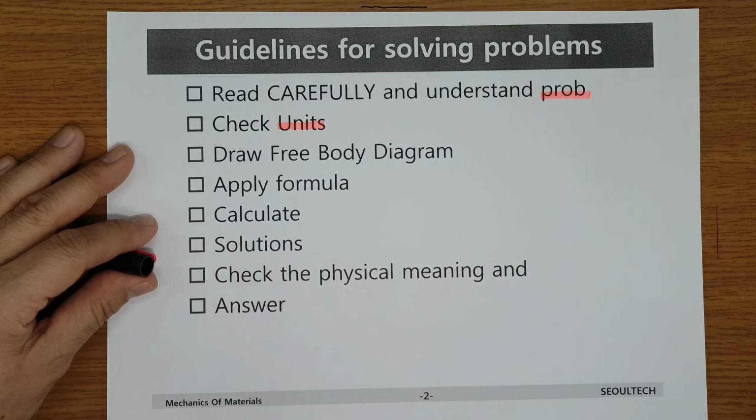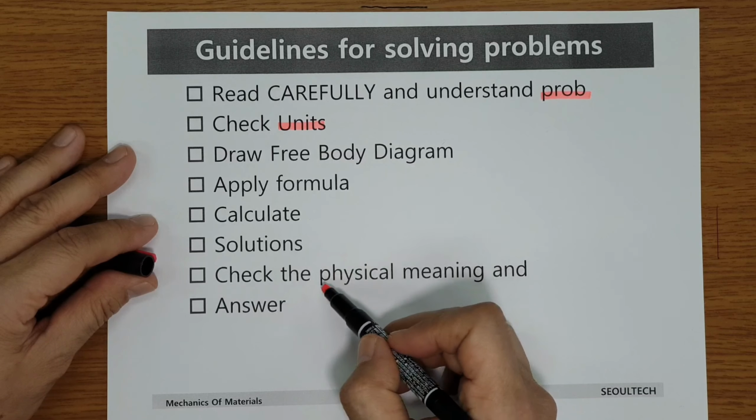Next, you can apply formulas to the free body diagram, and if you get some equations, then you can calculate by hand, or in some cases you can use computer systems or software that's available. Finally, you can get solutions. You can have many solutions in some cases, but you must finally check the physical meaning.